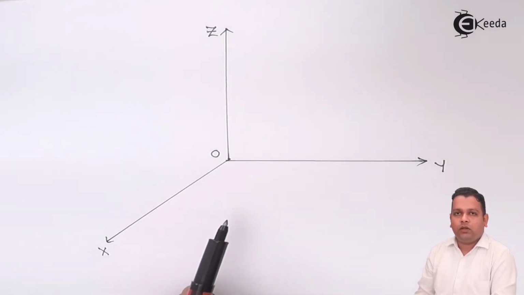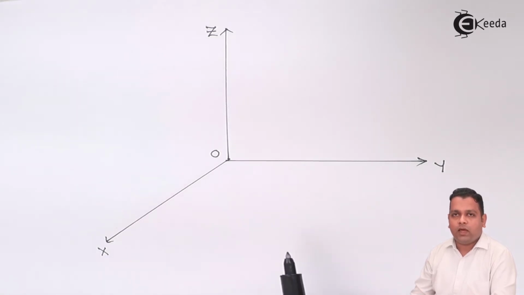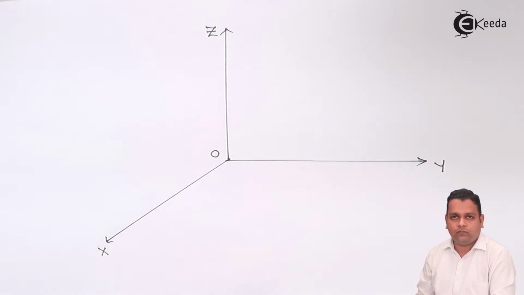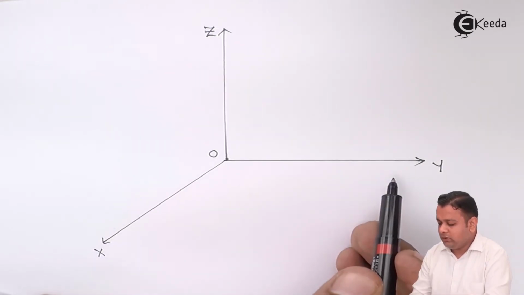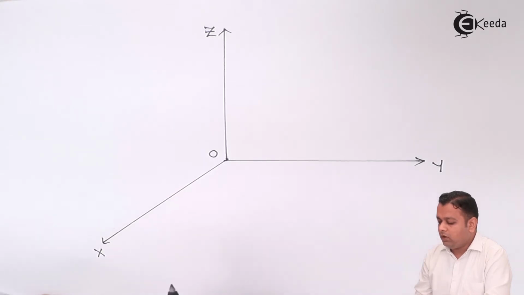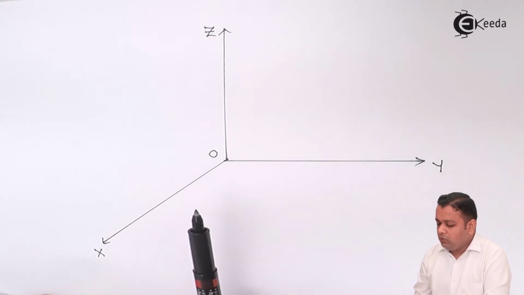Now this is the structure I have drawn. I will always draw the x-axis oriented like this, the y-axis oriented like this and the z-axis oriented like this. This I call the orthogonal structure, as the axes are perpendicular to each other. Along with that, they are said to form the right-handed coordinate system. So what is a right-handed coordinate system? If we go from the x-axis to the y-axis with a screw, the screw will move forward in the z direction, or use the right-hand thumb rule.